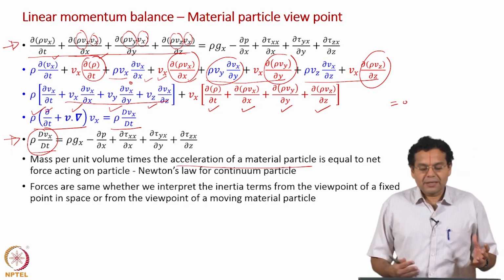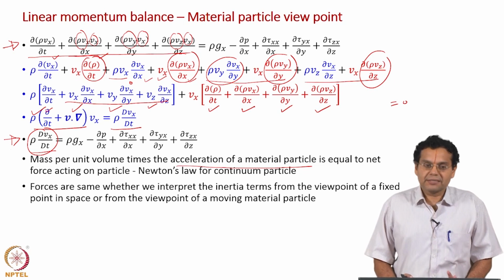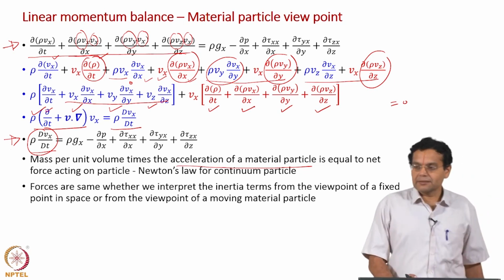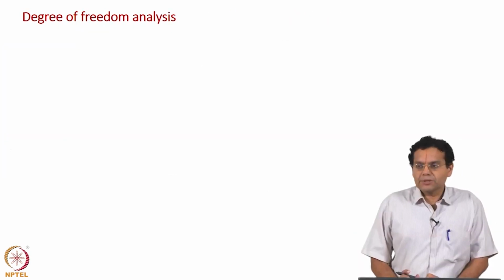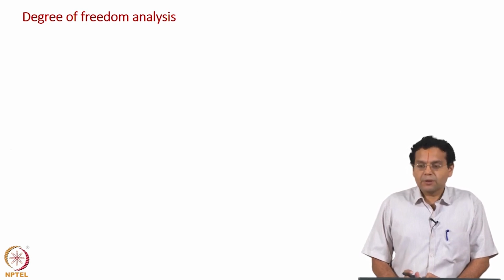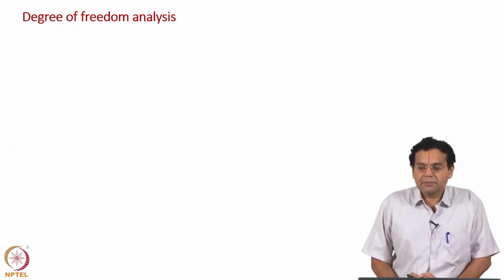See how just rearrangement gives a completely different viewpoint for the left hand side. Of course, the right hand side is the sum of forces acting. We will proceed to the next topic. We said closure problem. To understand the closure problem, we should understand the terminology degree of freedom analysis.